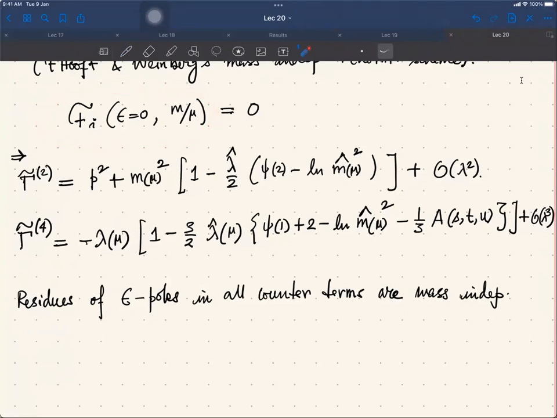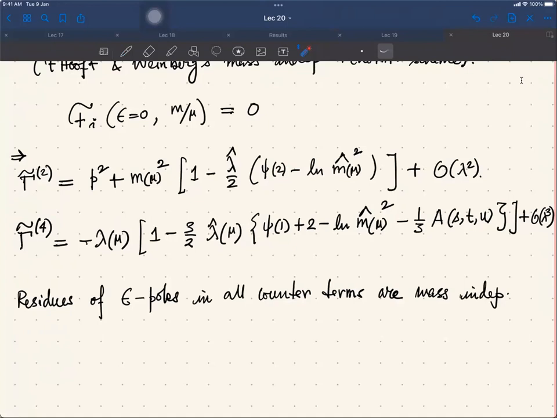Another way to understand this is the following: the epsilon poles are representative of the UV divergences, which are coming from the large momentum region integration in Feynman diagrams. When you take all the momenta to be very large, then you can neglect all the masses in the integrand, and therefore the portion of the integral that includes large momenta is supposed to be mass independent.